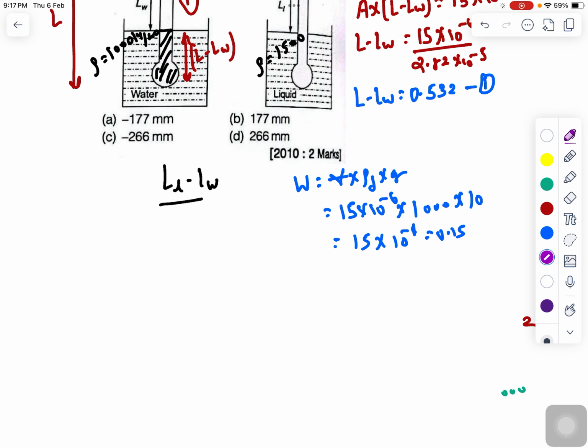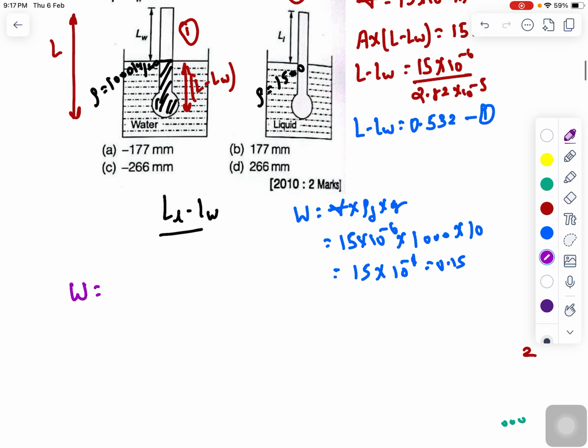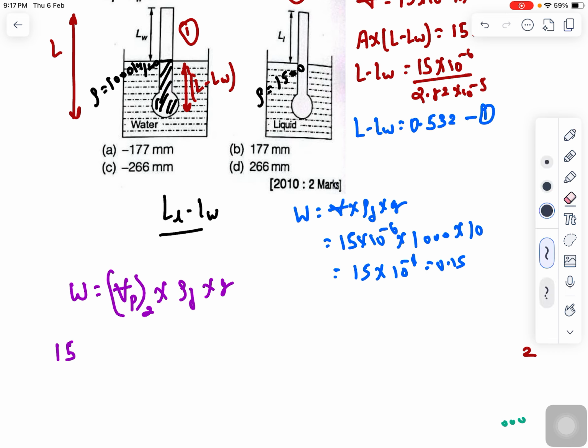Now if I am coming to the second object, second figure, there again weight will be equal to volume of object submerged in second, multiplied with density of fluid into g. So what is weight? Weight we have calculated 0.15 here. Weight is 0.15, that is equal to volume of object that is submerged here, which is L minus LL.